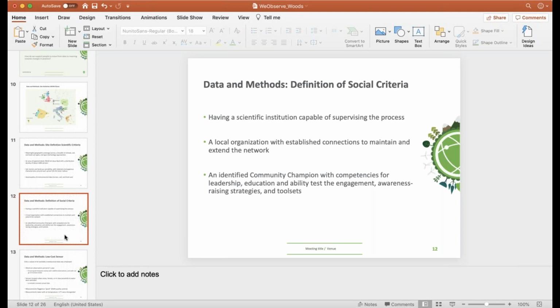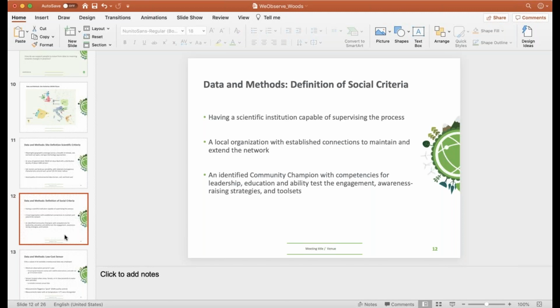So our sites had a scientific institution capable of supervising the process in order to ensure data quality and robustness, and a local organisation with an established connection to maintain and extend the network. Often these were existing communities with community champions, who had competencies, leadership, education, and the ability to test the engagement and awareness raising strategies and tool sets.